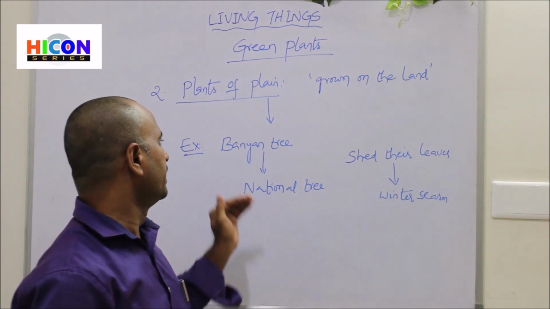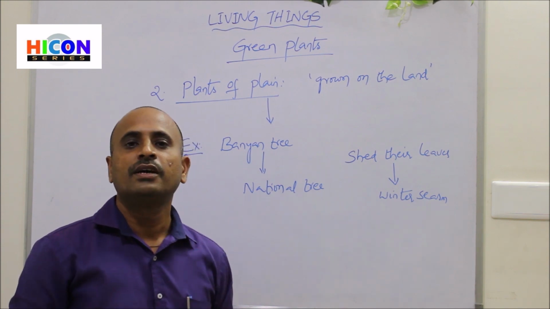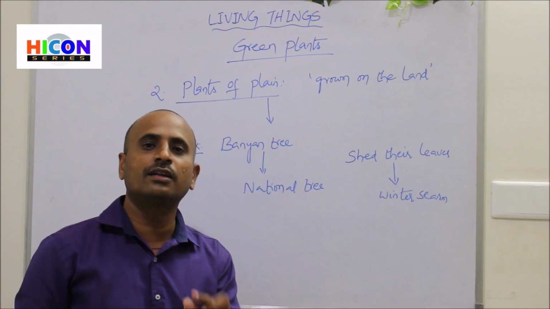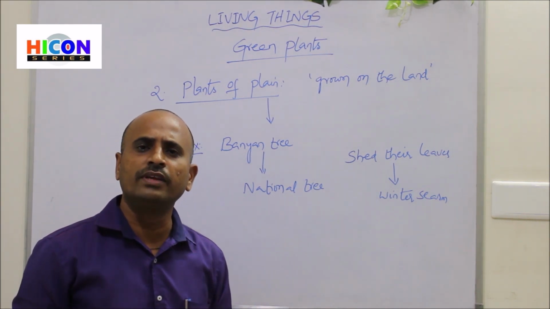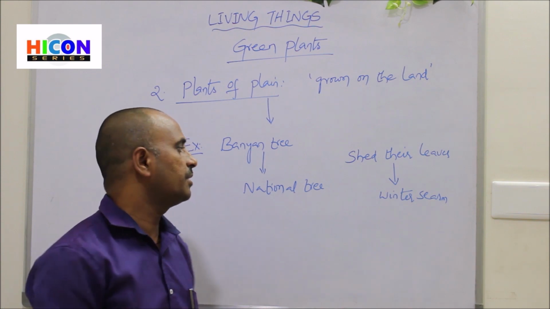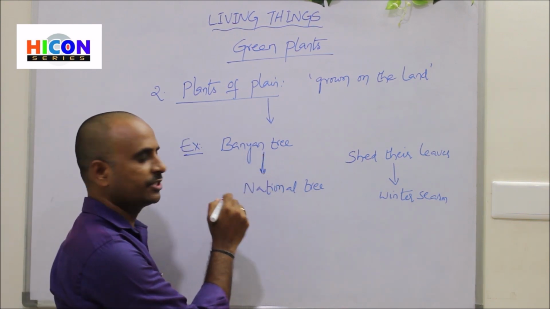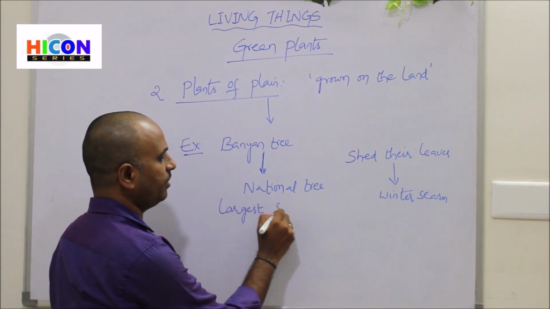This banyan tree produces red color fruits which are inedible, that means we should not eat those red color fruits. And the banyan tree is one of the largest suppliers of oxygen. So the banyan tree has a specialty: it is a largest supplier of oxygen.